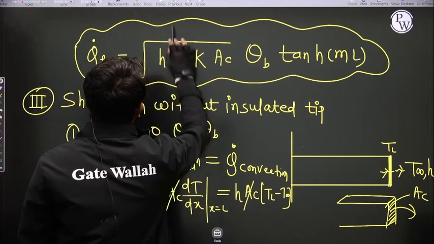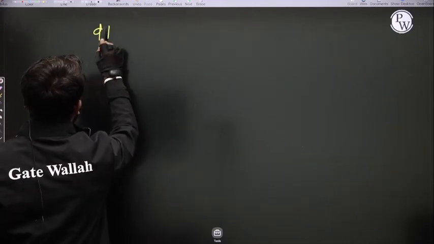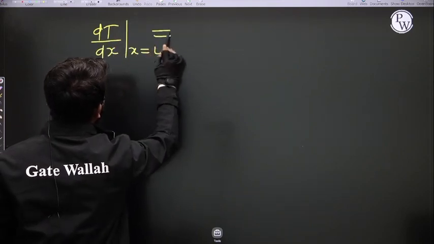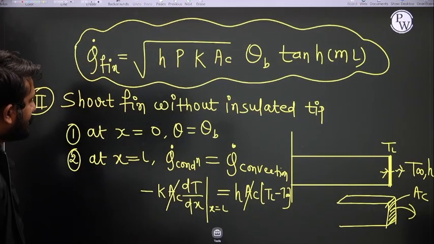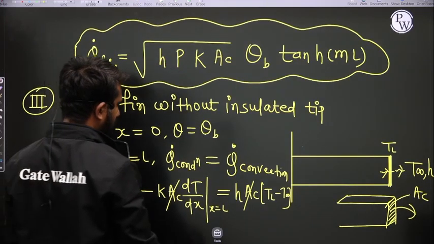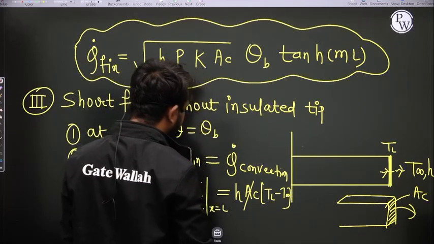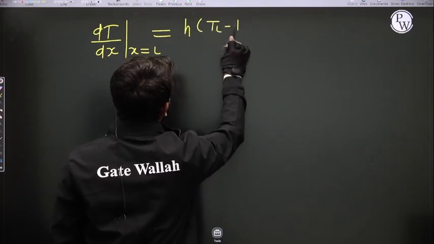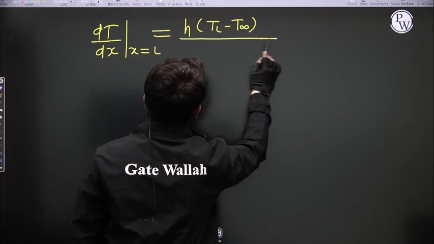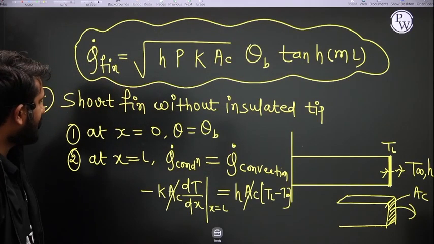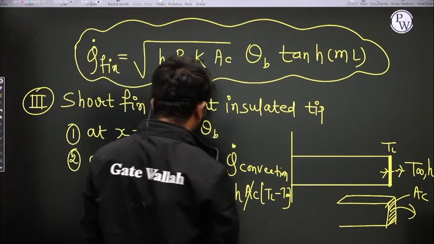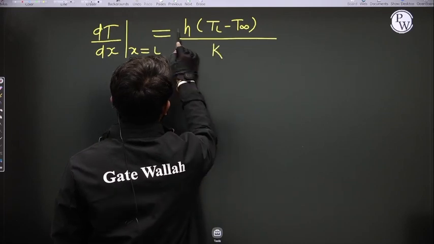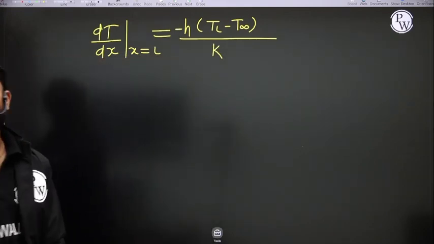So dT/dx at x equal to L is equal to minus h (T_L minus T infinity) by k. And the minus sign. So this is the second boundary condition, right?